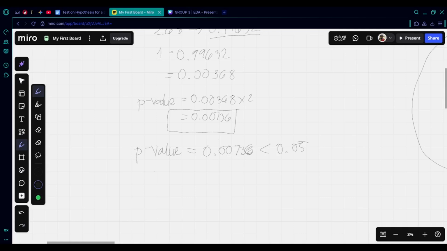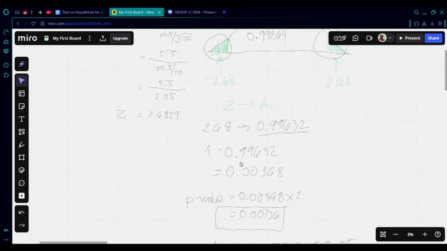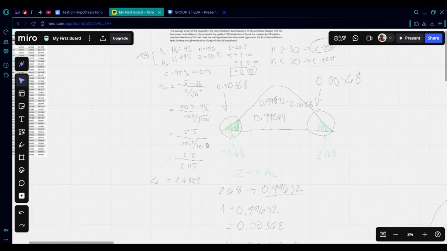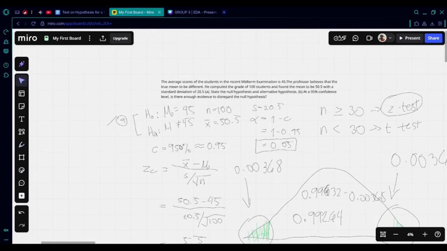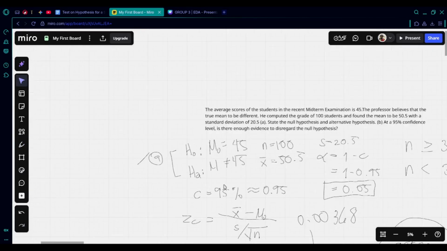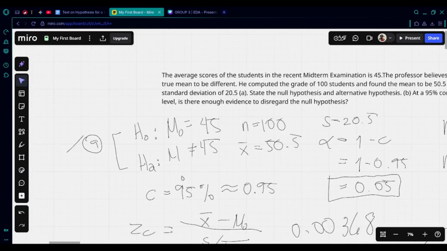We will now reject the null hypothesis. So what does it mean if we reject the null hypothesis? Going back to our given null and alternative hypothesis, this is proven wrong. The average score of the students is 45.